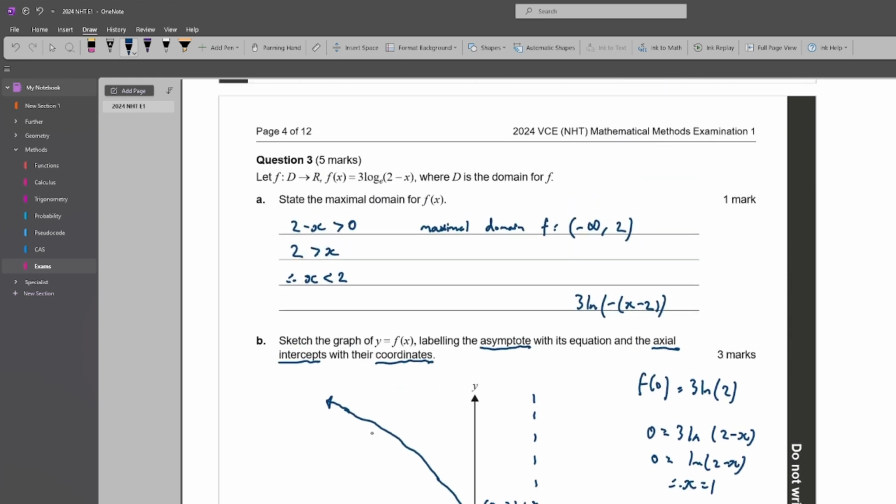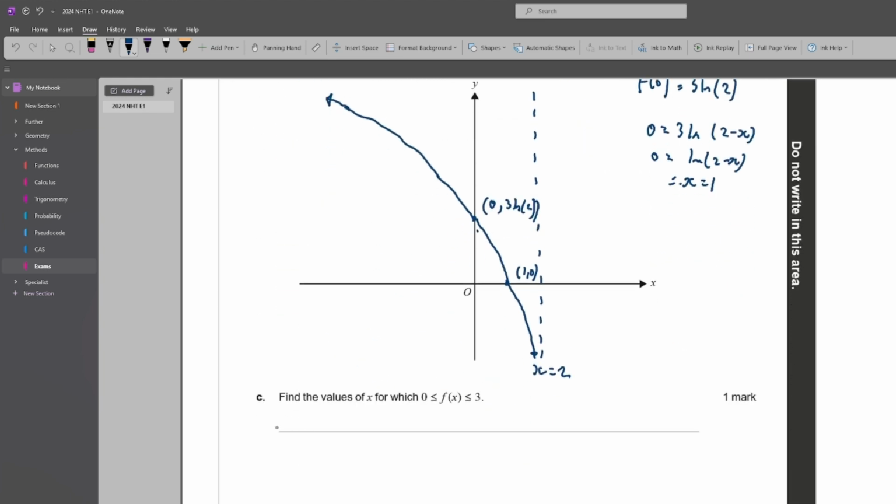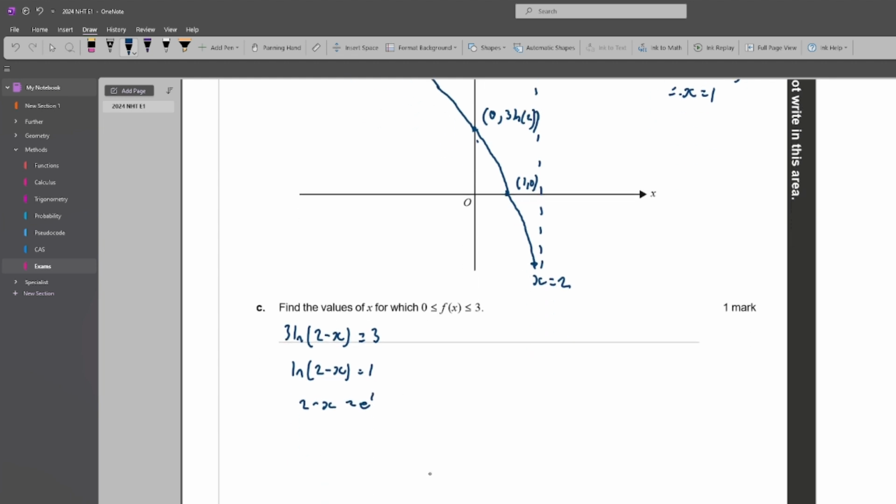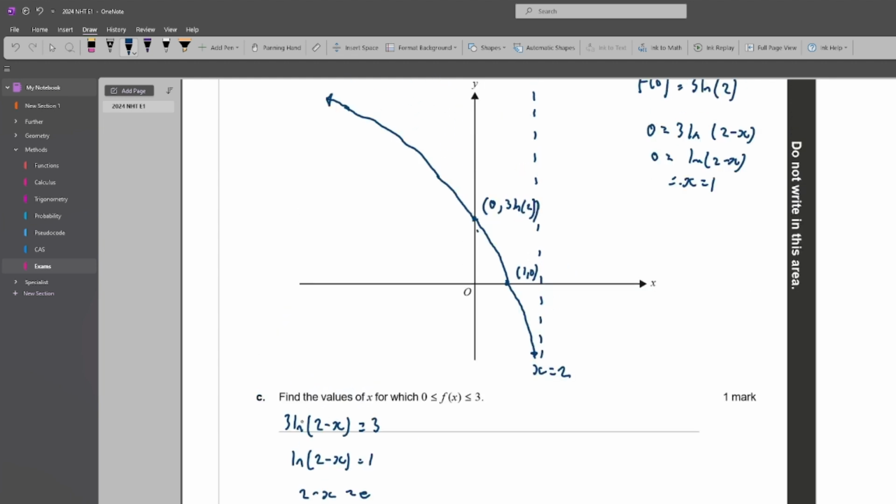The function was 3 ln (2 minus x). When is that equal to 3? 2 minus x equals e to the 1, which is just e. So x equals 2 minus e.